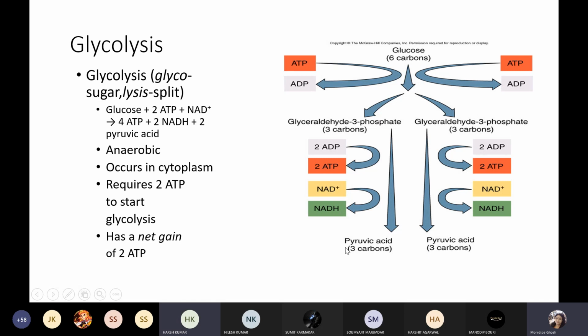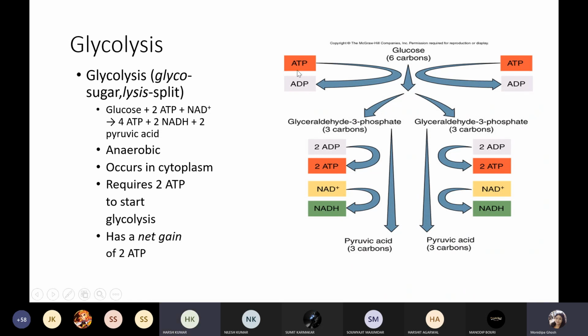Ma'am, one doubt here. When ATP is produced, then energy is released. So if ATP is consumed, then energy should be absorbed, not released. Why is it happening like this here? No, here it is absorbing, here it is releasing. You just say ATP to ADP, so you are investing. ADP is produced, meaning from tri to di. Yes, ma'am.